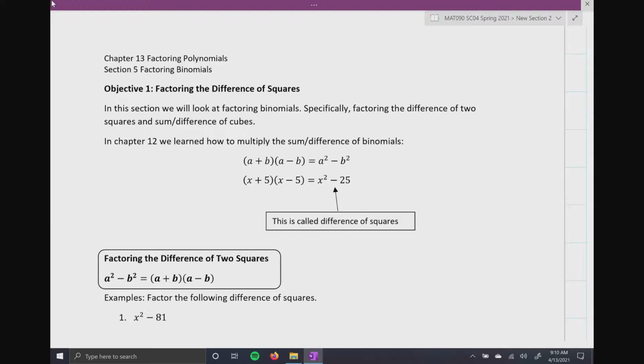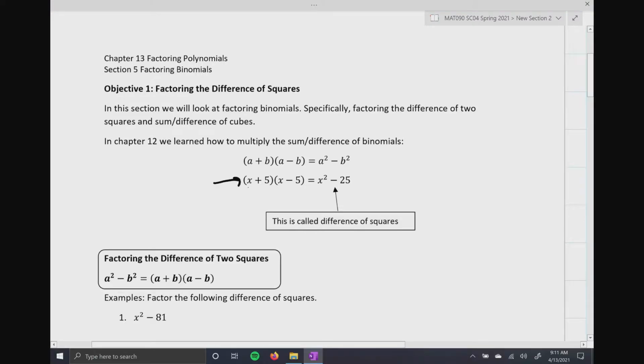Now, the first one we're going to look at, all right, is called factoring the difference of squares. So you got to think about what that means. Difference, subtraction, squares means you got to have some squares. So let me show you what that is. In chapter 12, we looked at an example like this, where we said, okay, let's multiply x plus 5 and x minus 5. If I do this off to the right here, x plus 5 times x minus 5, okay?